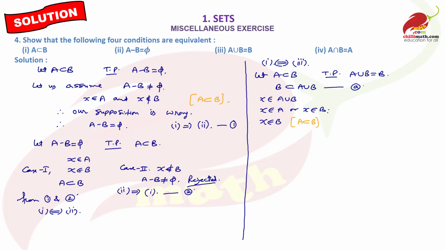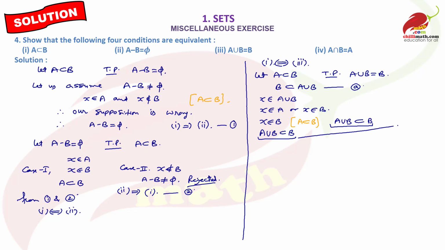And if x belongs to B, then also we are starting with A union B, and x belongs to B, that means A union B is a subset of B. Here also x belongs to A union B and x belongs to B, so A union B is a subset of B. So from both of these we got the result A union B is a subset of B.